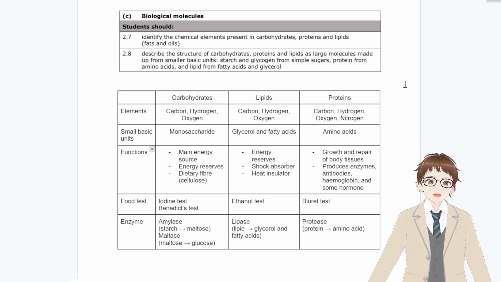The first part will be talking about the elements, 4 basic units, function, food tests, enzymes, for carbohydrates, lipids, proteins. And the second part will be food tests, and the third part will be enzymes. So let's talk about the first part in this video.